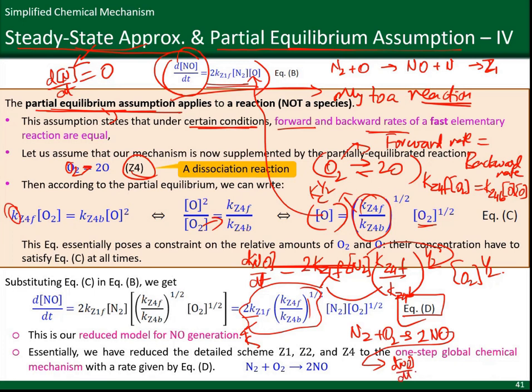The rate of formation of NO is equal to some reaction rate coefficient, which is the product of these three things, times N2. N2 is raised to 1, as we see from the stoichiometric coefficient of nitrogen on the reactant side. But O2 is not raised to 1, it is raised to half. And we see why: we applied the partial equilibrium assumption.